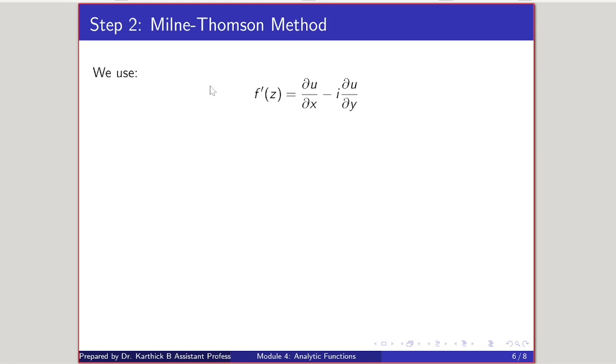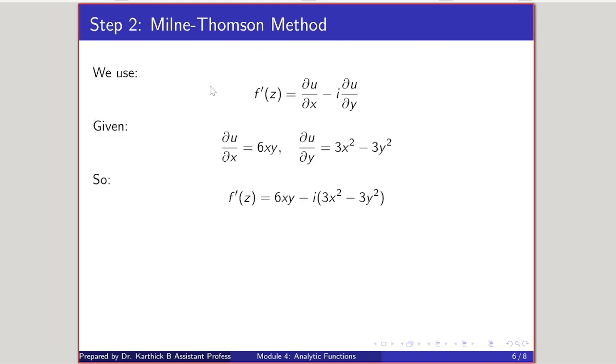Now we are going to find the analytic function. As I already told, you may write ux minus i uy according to the derivative. We have already found ux and uy, so we may substitute directly. Then we write f dash of z. Next step, we substitute x equal to z and y equal to 0.